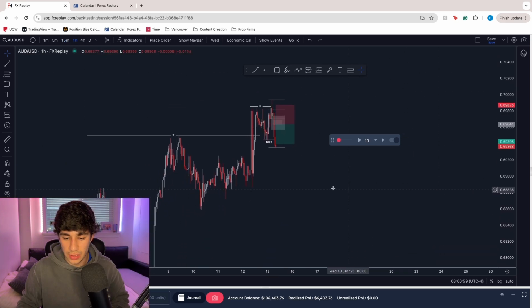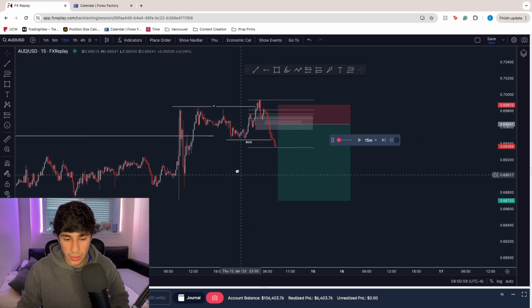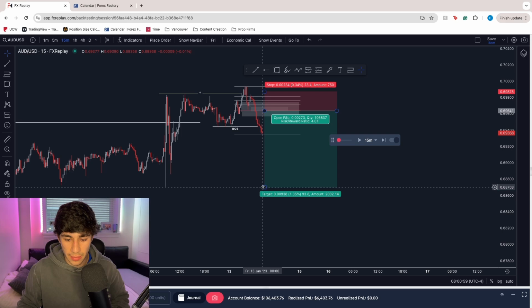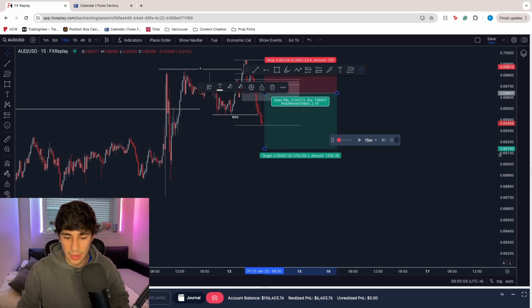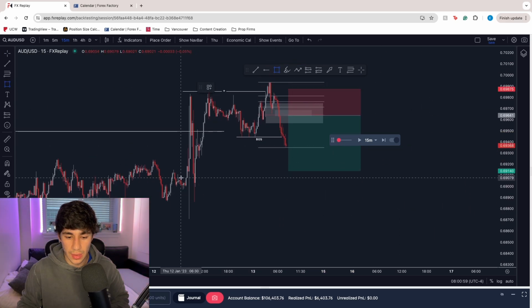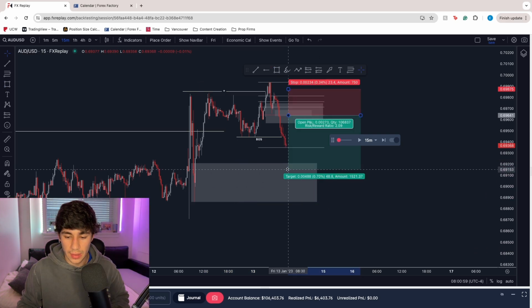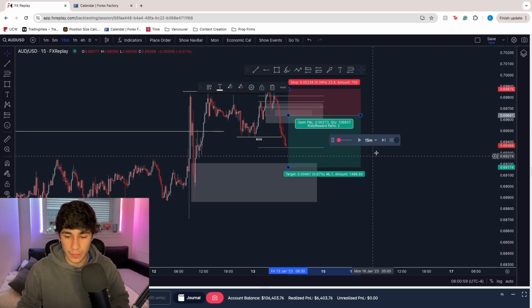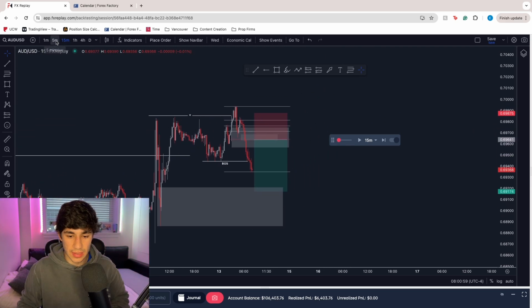My target is gonna be below this low. It's a very high win rate, so honestly gonna target a 1 to 2, around this area, understanding that there's a demand zone that hasn't been mitigated, right?